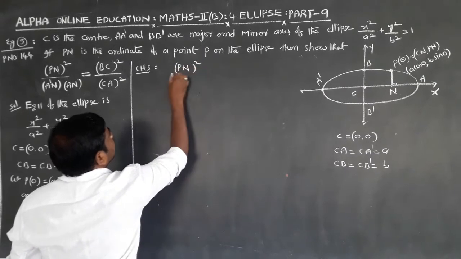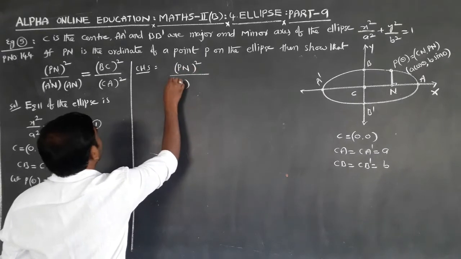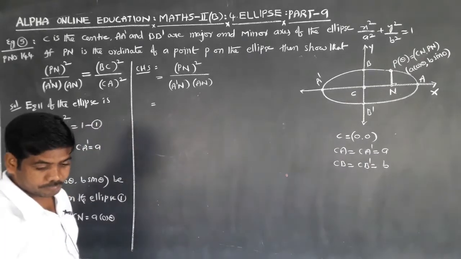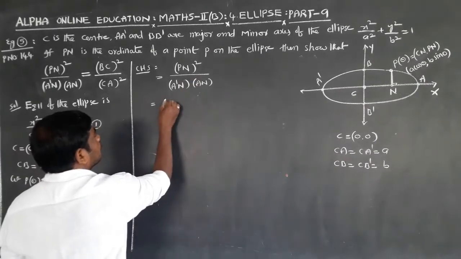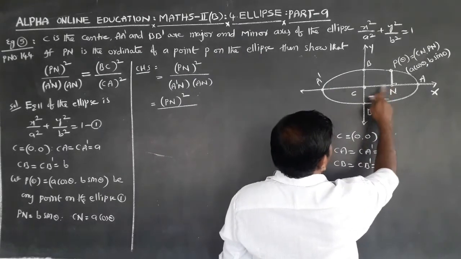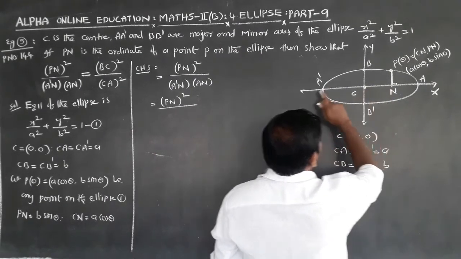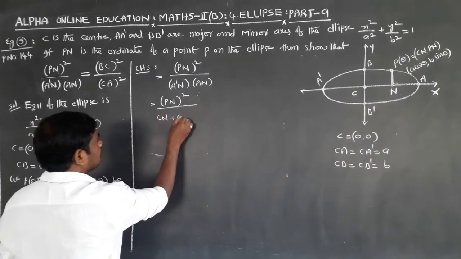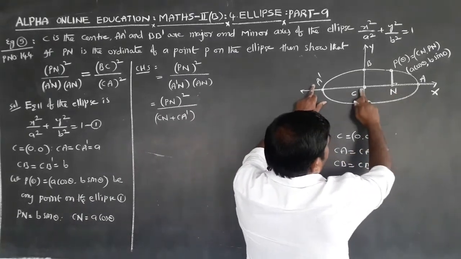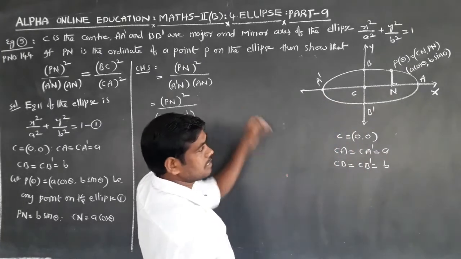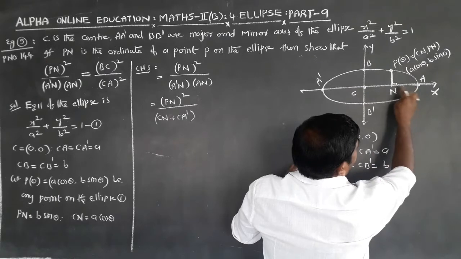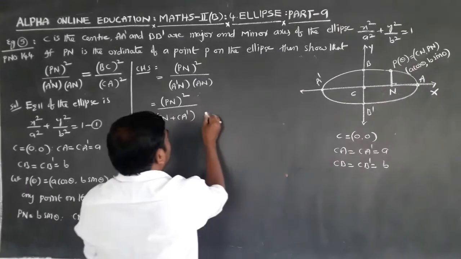LHS: PN² by A'N into AN. PN² by A'N. A'N is equal to CN plus CA'. A'N is equal to CN plus CA', and AN is equal to CA minus CN.